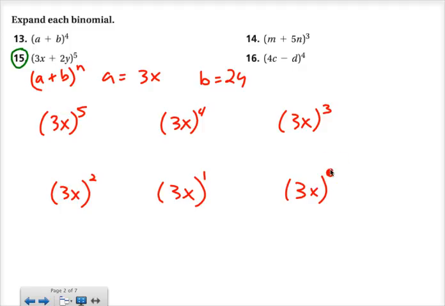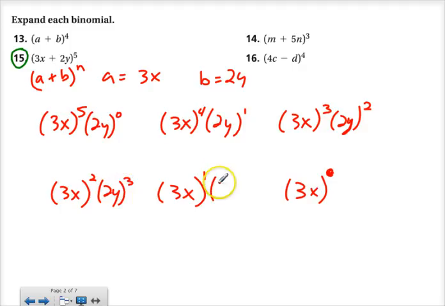And then we go after the B's, and the B's are low to high. So 2y to the 0, 2y to the 1st, 2y to the 2nd, 2y to the 3rd, 2y to the 4th, and 2y to the 5th. And now, because we know about Pascal's triangle, we have a choice.